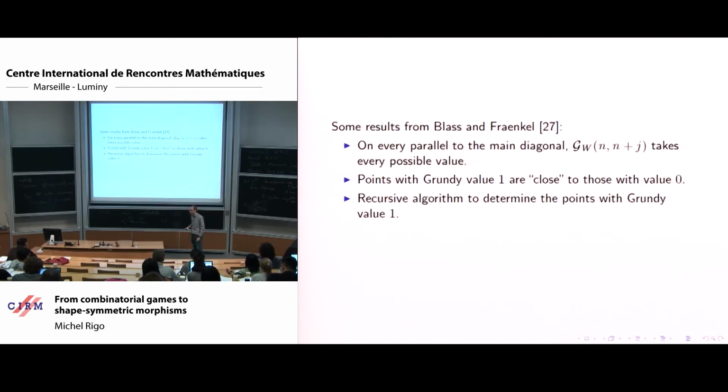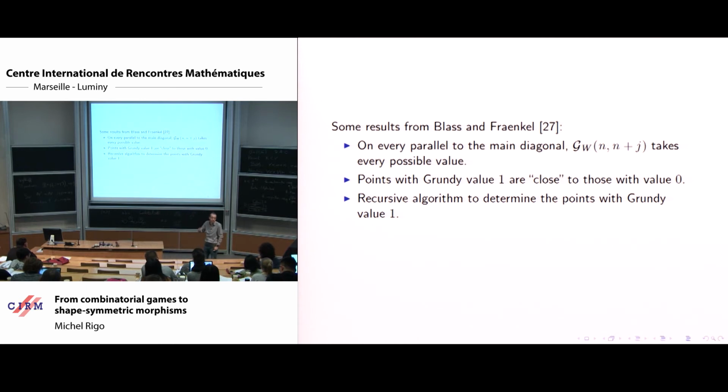And so, just to tell you a few of the things that are known about this table. For instance, Blas and Frankel show the following. If you follow something which is parallel to a diagonal, then you will see every single possible integer at least once on this diagonal.